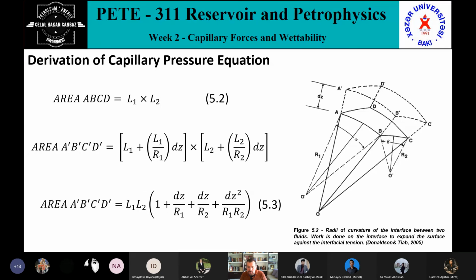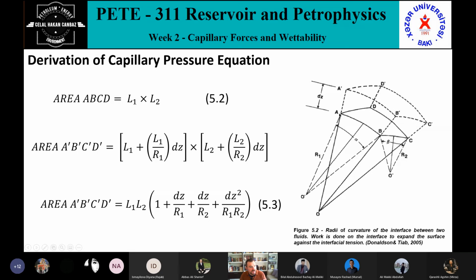So let's consider a segment of the interfacial surface separating two fluids with a pressure difference across the interface, producing a curvilinear rectangle as illustrated in this figure. What's L here? L1 and L2, I am coming to that.